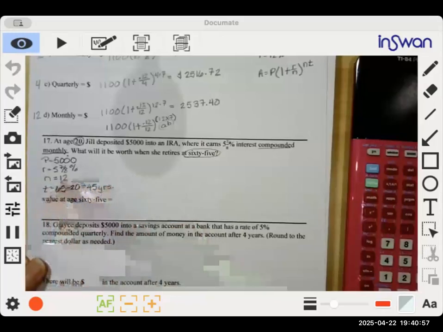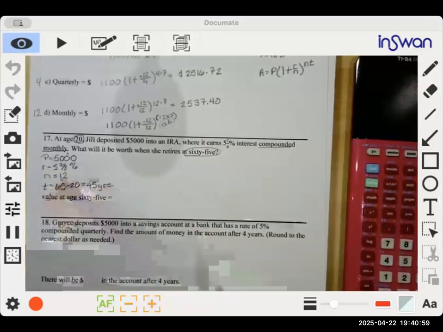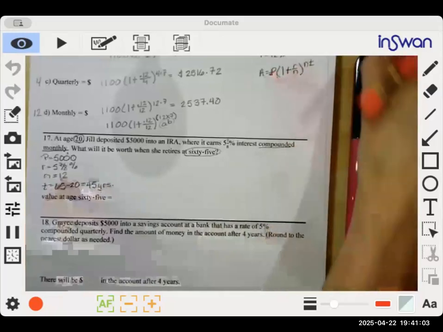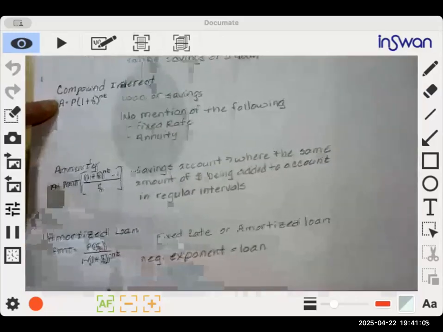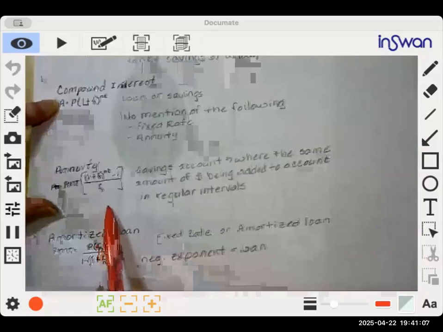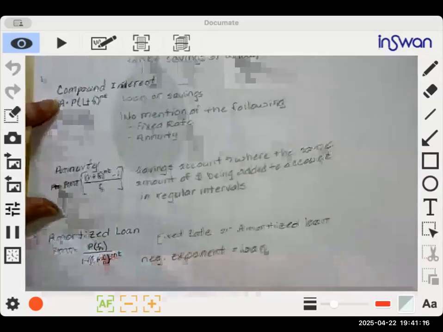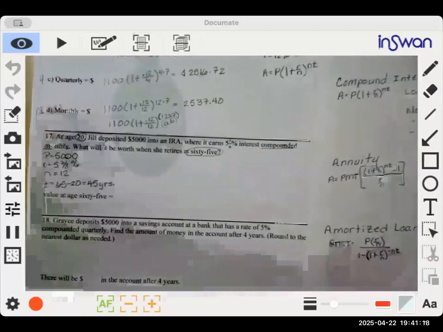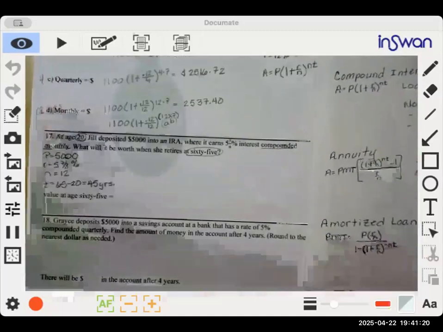All right, so now how do we know which formula to use? It's a savings account. So are we using this same formula, or are we using the annuity formula? Annuity? Compound. It's only one payment, so compound.